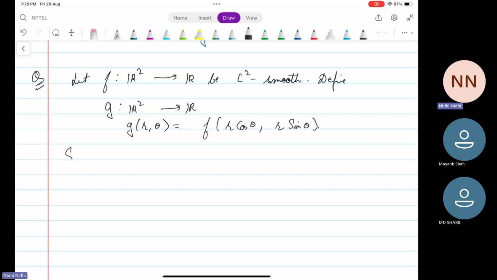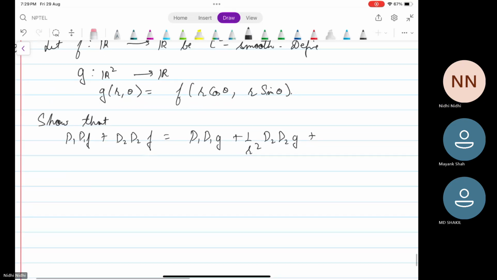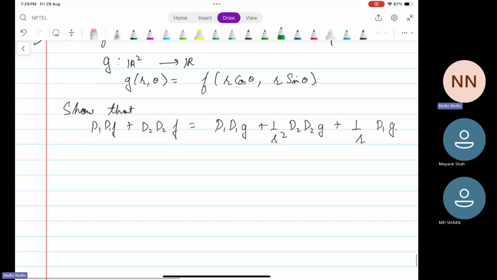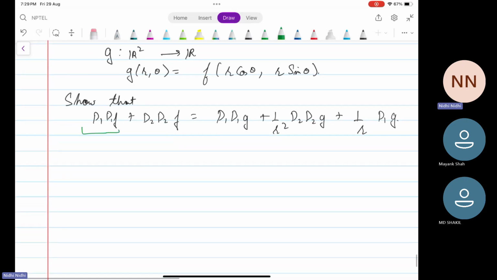Then show that d1 d1 f plus d2 d2 f is equal to d1 d1 g plus 1 by r square d2 d2 g plus 1 by r d1 g. That means d1 d1 f is the partial derivative with respect to the first variable two times.